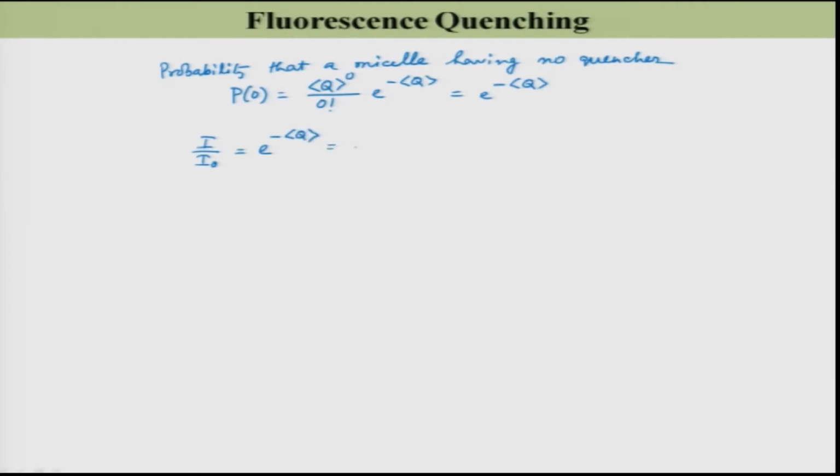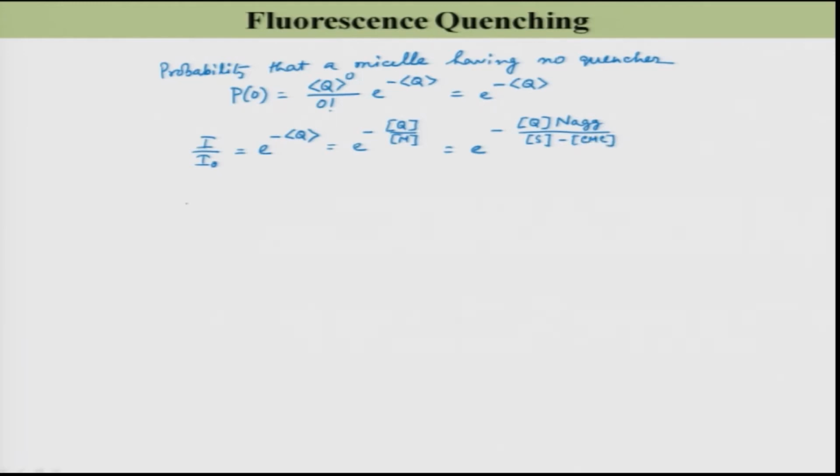This is equal to e to the power minus q by m, which is equal to e to the power minus q N aggregation, because I know this means s minus that CMC value, whatever it is.